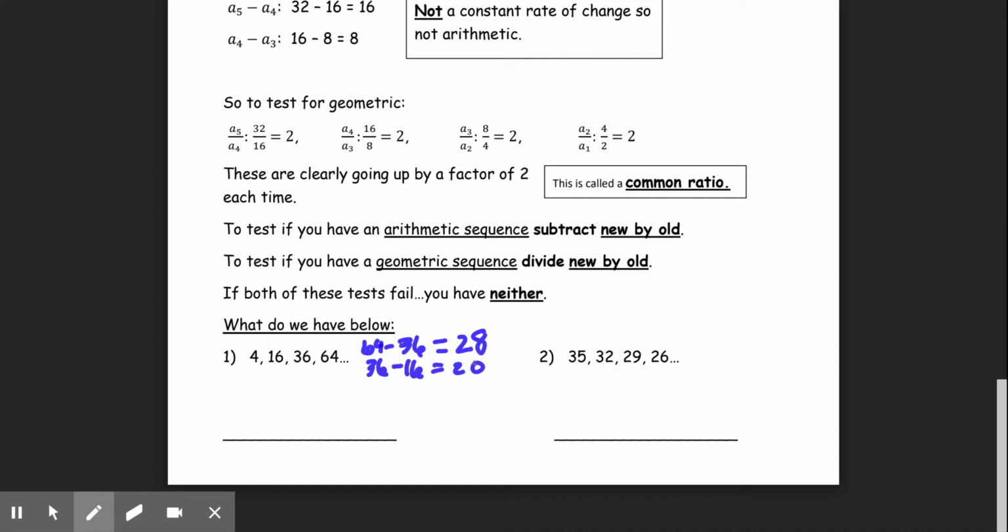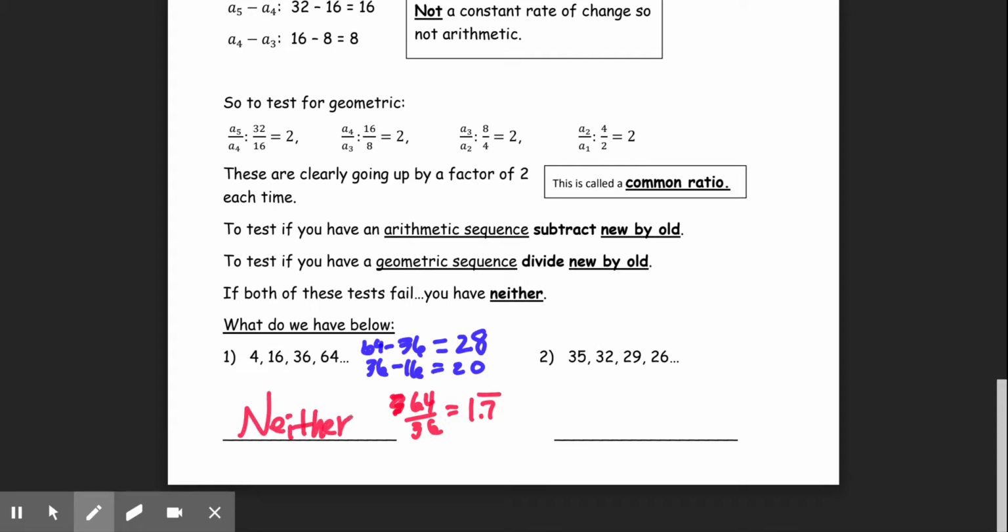So then what we can do is go 64 divided by 36, and that actually gives us a decimal. 64 divided by 36 gave us 1.7 repeating. And then if we try to do 36 divided by 16, that gave us 2.25. So this is clearly not geometric either. So we would say this is neither.